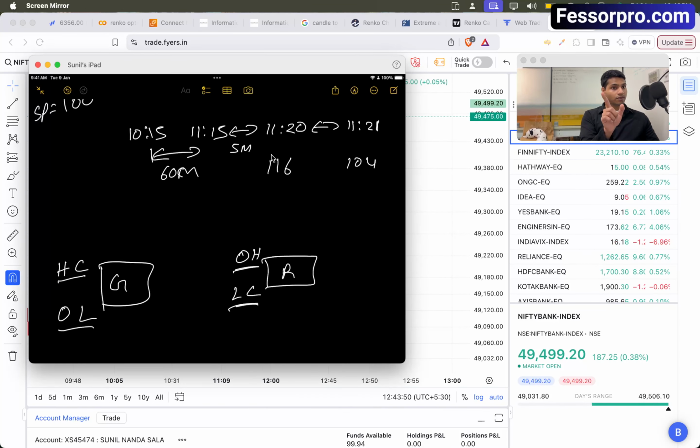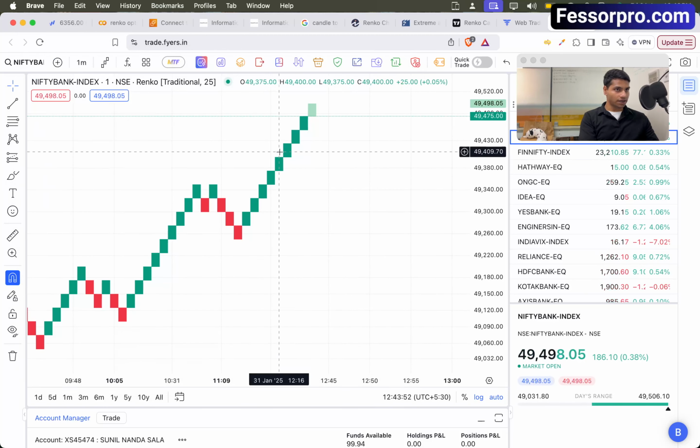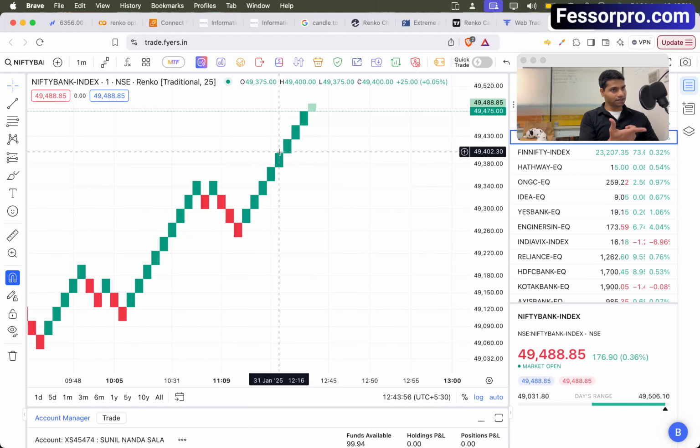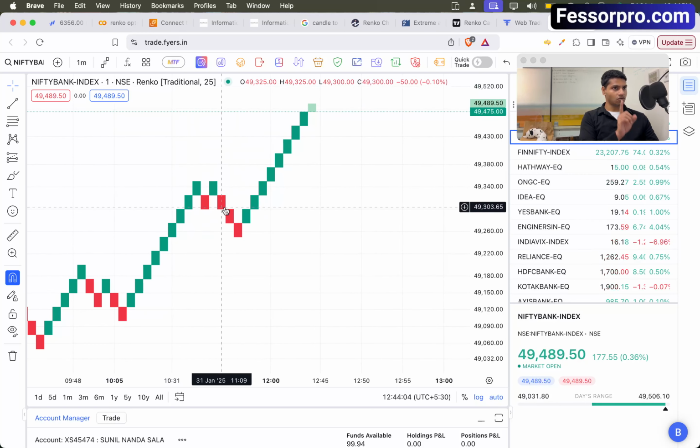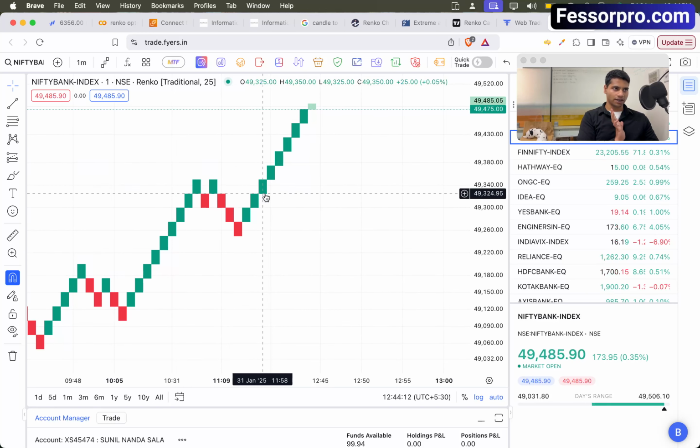And my high and close is also the same. But this changes when I am on a red brick. When I'm on a red brick, my open and high is the same, and low and close is the same. So on a red brick and on a green brick, the open, high, low, close is slightly different.